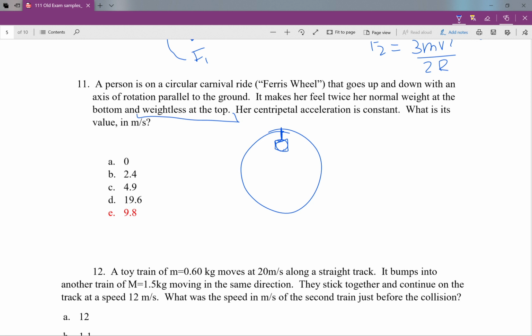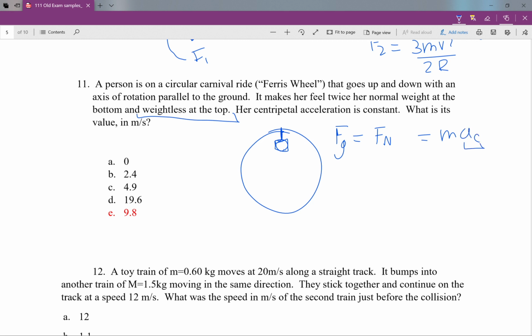So what's happening here is that the force of gravity equals the normal force, and that's going to be equal to the net force, which is the centripetal force, m a_c.